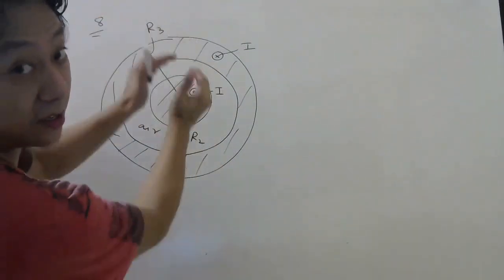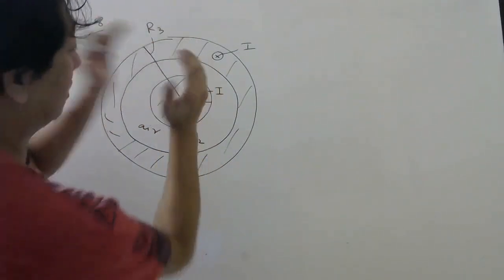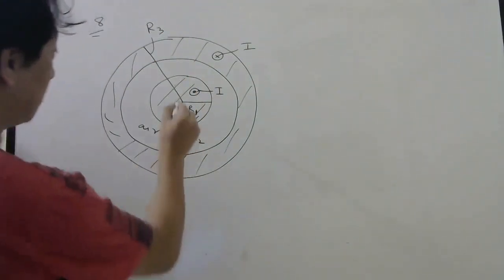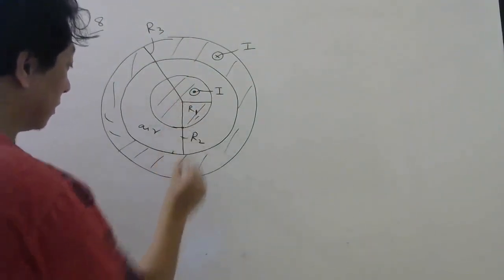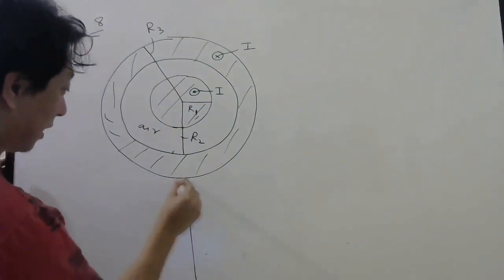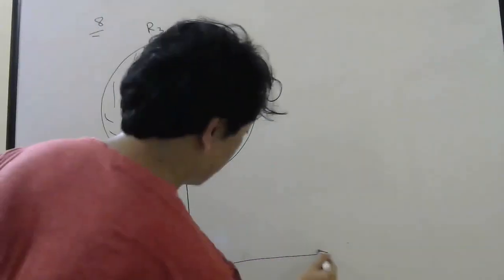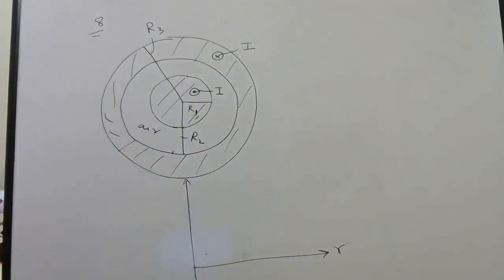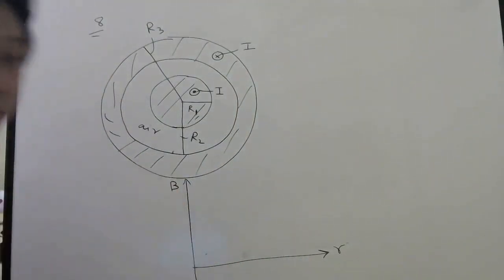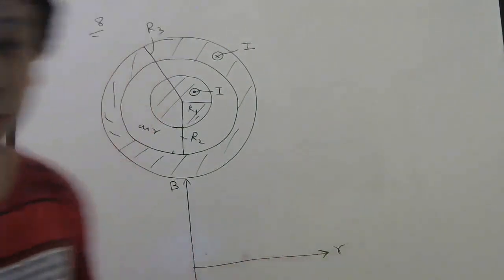Since this is the cylinder, this is the axis, the central line. Let me write small r as the distance from the center, and here the magnetic field, and we have to draw how it will look.